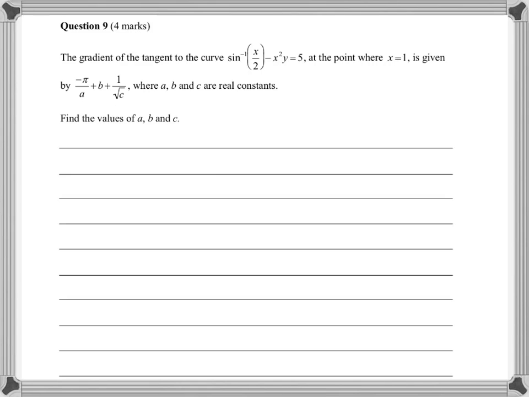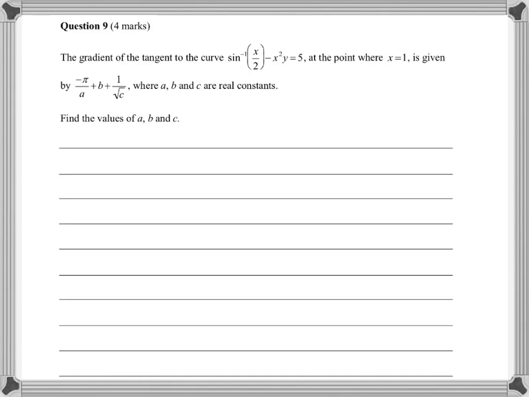Let's try it. Have a look at the equation. This is not an explicit equation in terms of y to get dy dx, so we're going to differentiate using implicit differentiation. Remember how to do this one?